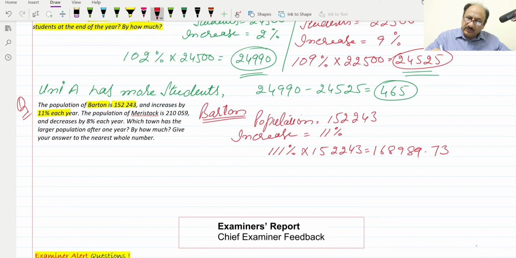Okay, so this is the population after the 11% increase.